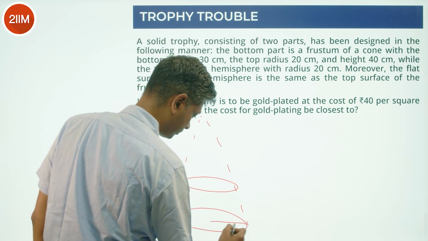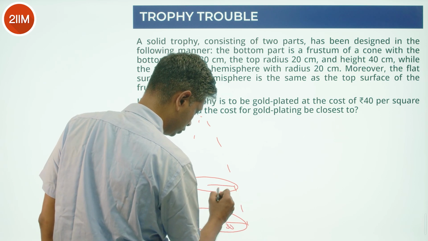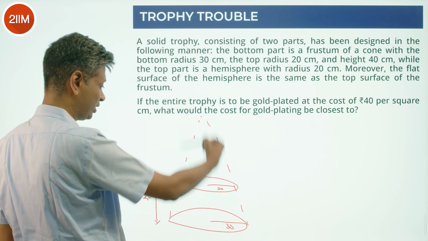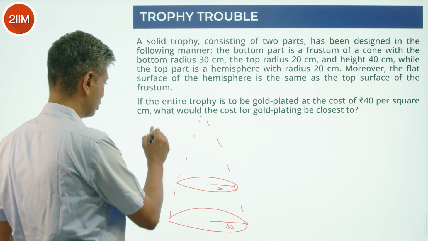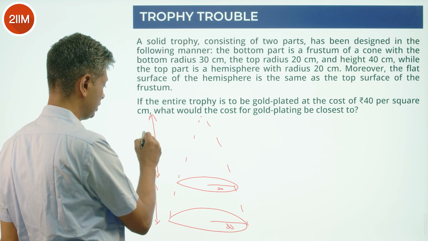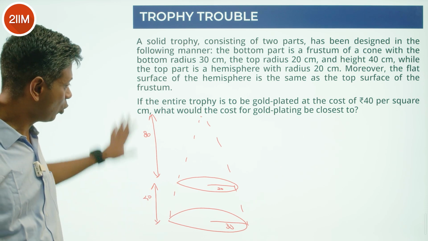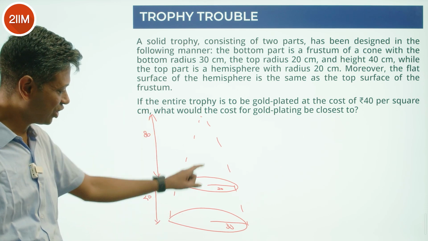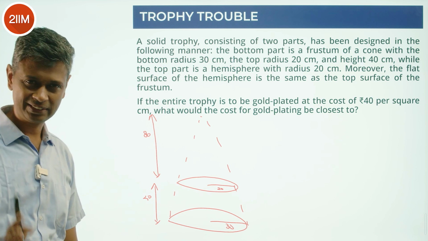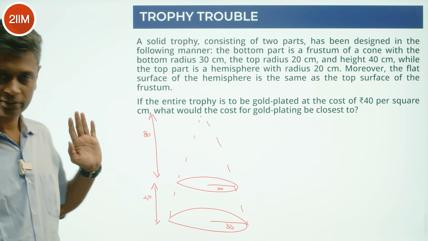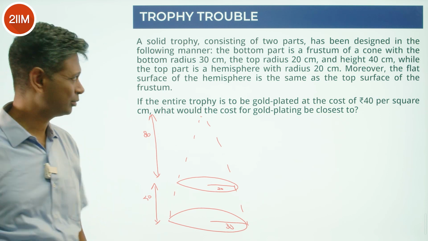This is 30. This is 20. This height to this height should be 3:2. This is 40. This is 80. The difference is 40. This overall height should be 3h. This should be 2h. 3:2 ratio. Similar triangle. Nothing else. So 80 and 40. Done. I've got this.